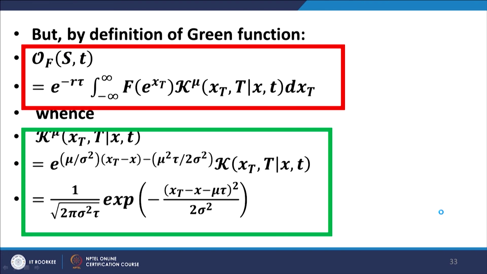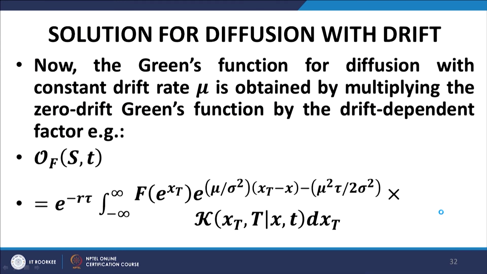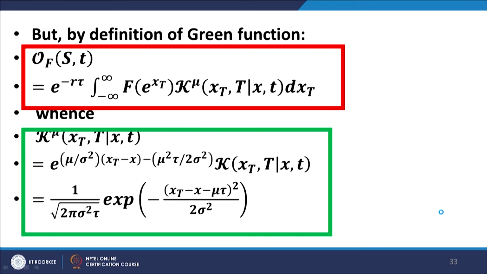So, by comparing this expression which we have here in the red box and the expression brought forward from earlier, we get an expression for K mu. K mu is the transition amplitude corresponding to, or the Green function corresponding to the Brownian motion with the drift coefficient of mu.